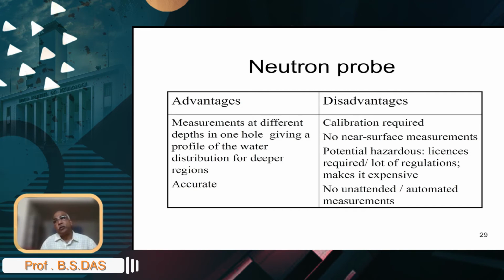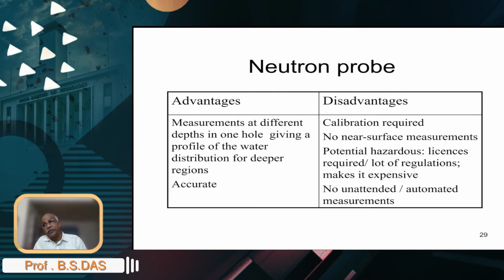For agricultural food crops, for example rice and wheat, the root zone is maybe the top 30 centimeters, and you won't be able to take measurements in the top 15 centimeters. At minimum, you have to lower the probe below 15 centimeters so that no fast neutrons come out and hit you. So near surface measurement is not possible.